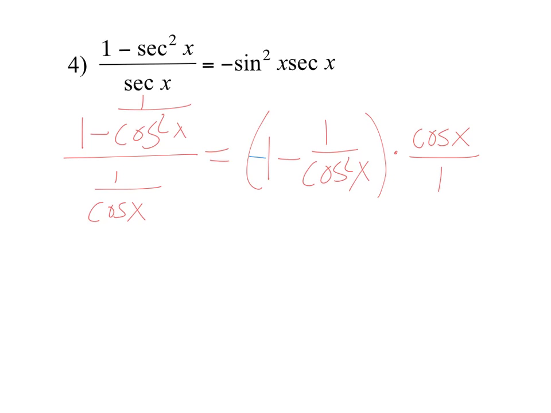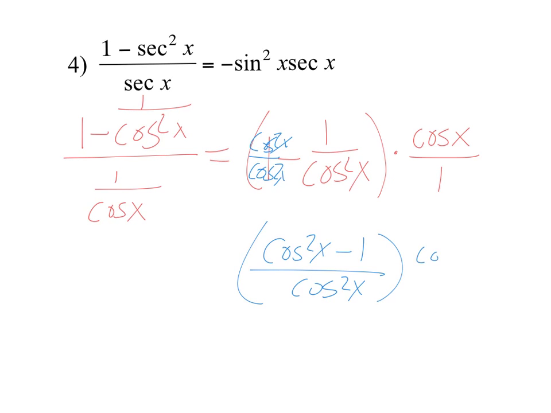I can use some common denominators to rewrite this as cosine squared x over cosine squared x, and that's going to combine to get cosine squared x minus 1 over cosine squared x, and we're multiplying this by cosine x over 1. All right.